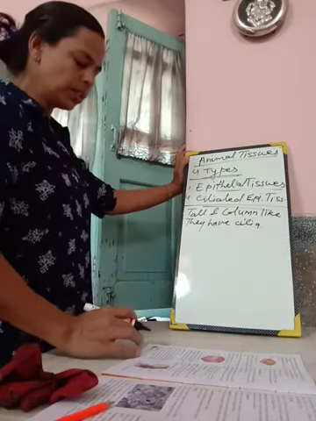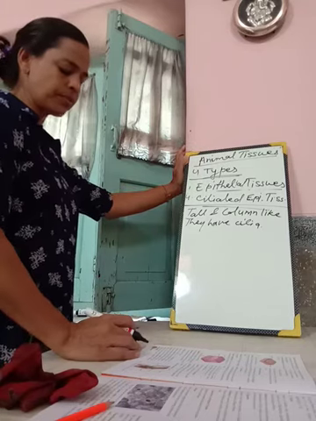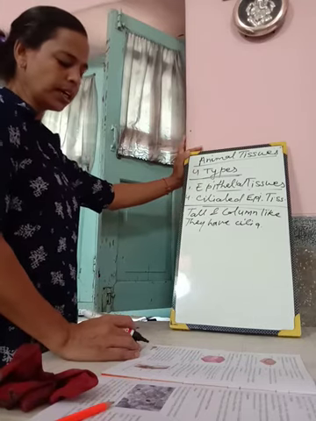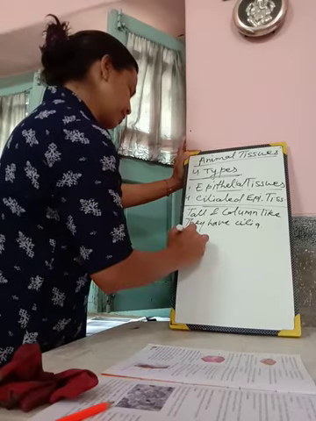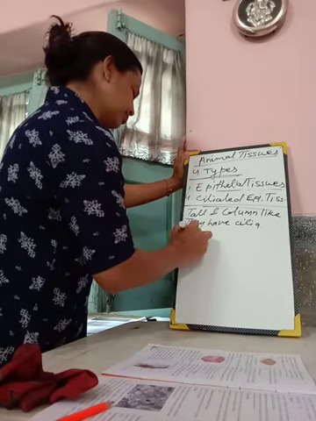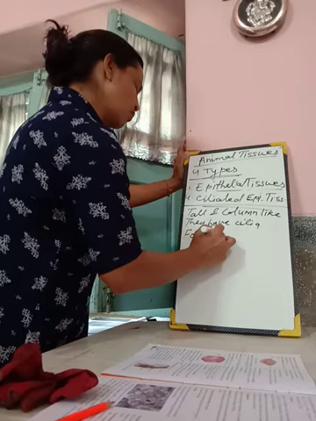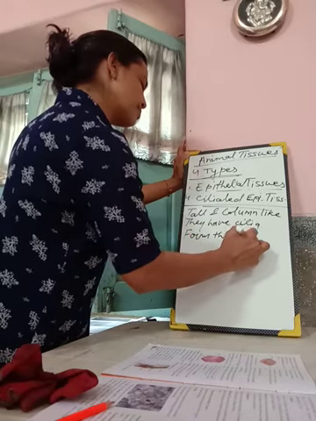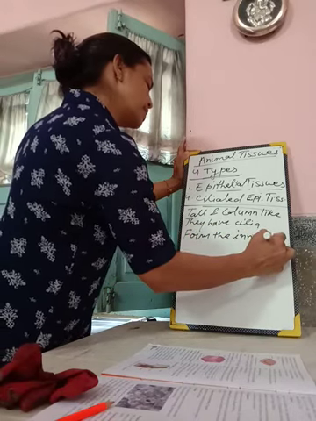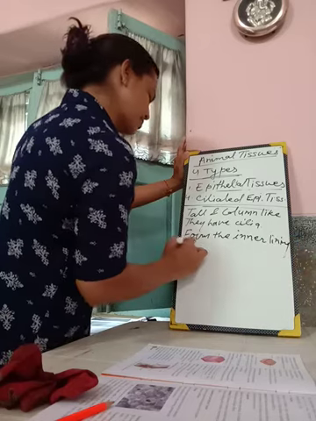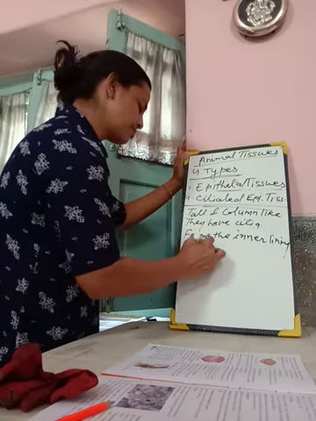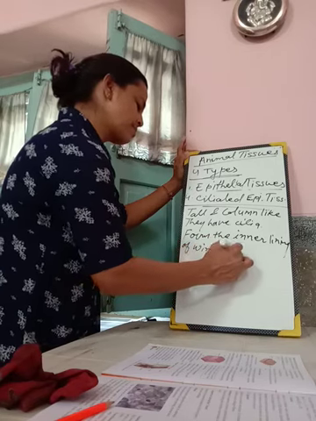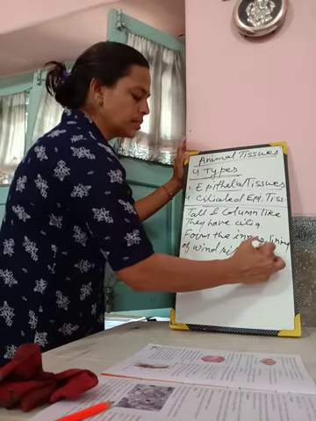The location of this tissue: it is found in the inner lining of the windpipe and bronchi.